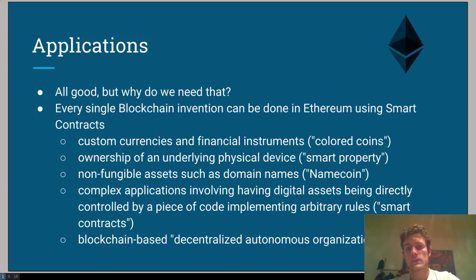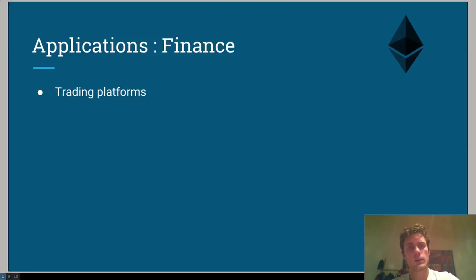And you could also create decentralized autonomous organizations. We'll look into it later. So let's talk about finance, or more generally money-based applications. First it's going to be used for trading platforms, since the volume of money that is transferred every day from currency to currency is absolutely enormous.